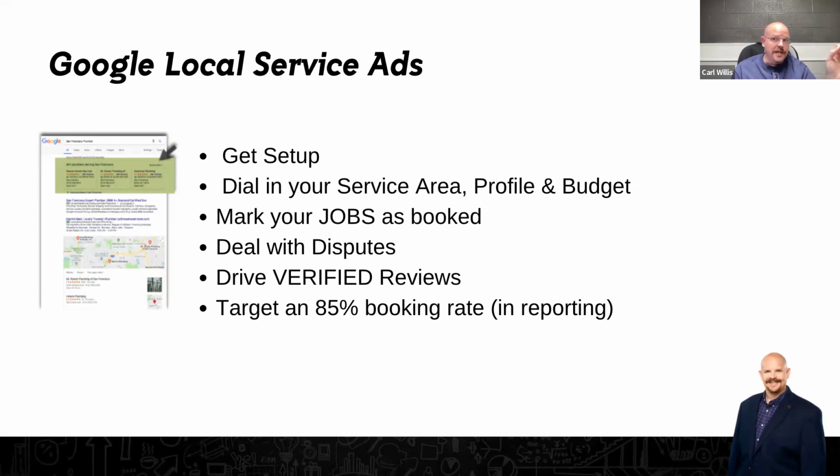And EAT is 2 E's. So the first one is experience. The second one is expertise. The third one is authority. That's an A. And then T for trust. Well, the trust and the experience things are all driven by verified reviews.